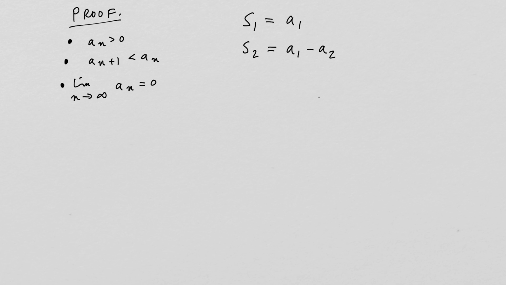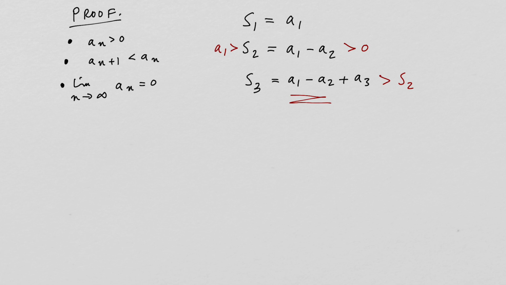Because the second term is a little bit less than the first term, the second partial sum must be positive. But because we have subtracted something from the first partial sum, we get something which is less than the first partial sum. The third partial sum will be a1 minus a2 plus a3. We have added something to the second partial sum, so we have something larger than the second partial sum.